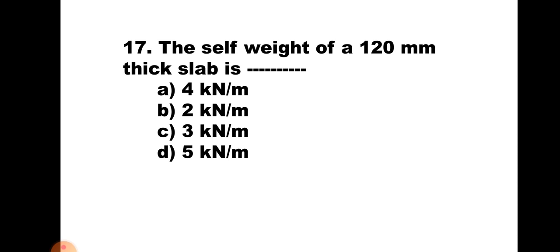So 25 into capital D, that is overall depth, but that should be in meter. We consider a 1 meter wide strip, so into 1. So if you see carefully, it will be 25 into 1 into 0.12, and that will come out to be 3 kilonewton per meter. Hence the correct answer is C, 3 kilonewton per meter.